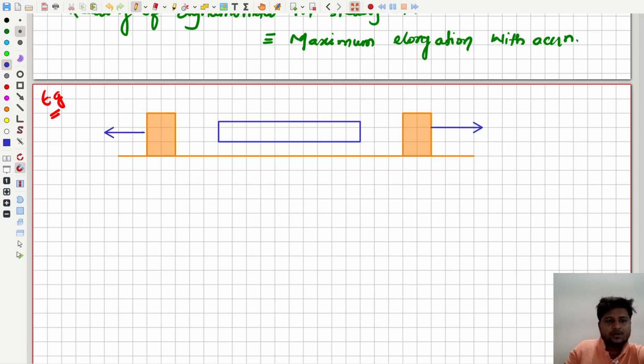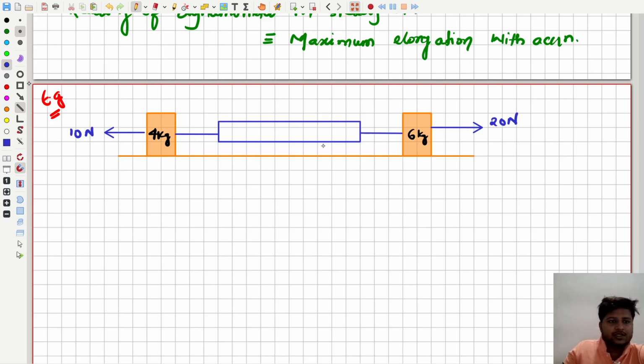There are two blocks. Okay, masses are given 4 kg, 6 kg. And the forces are given. This is 20 newton, and this is 10 newton. And I connect a dynamometer over here. Dynamometer means spring kind of balance.